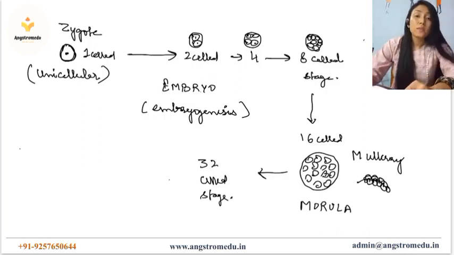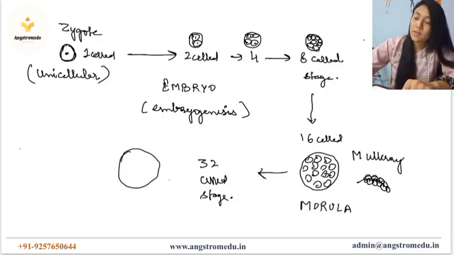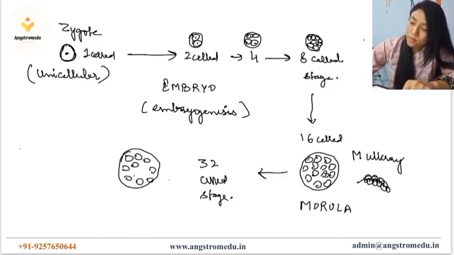And now this 32 cell stage is known as blastocyst. Again, definitely the size increases, number of cells present is 32, and the structure is known as blastocyst.